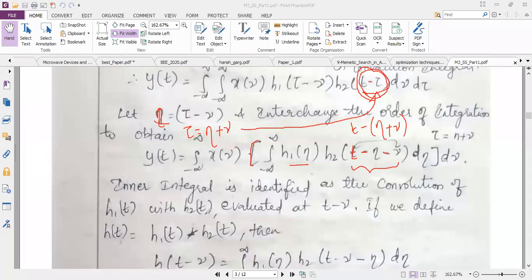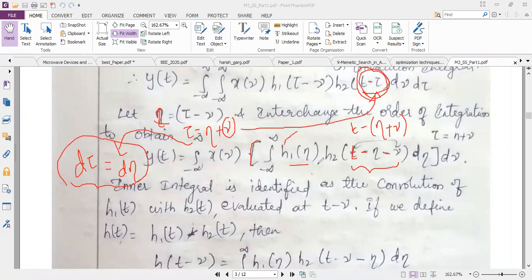After rearranging this, I am just doing the differentiation of d tau. When I do the differentiation of d tau, it becomes d eta, and this mu we consider as a constant term. So why am I replacing d tau with d eta?